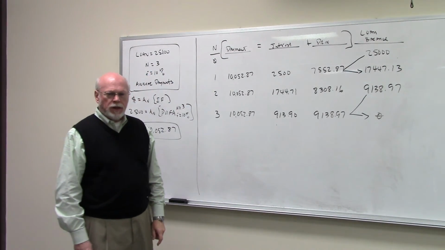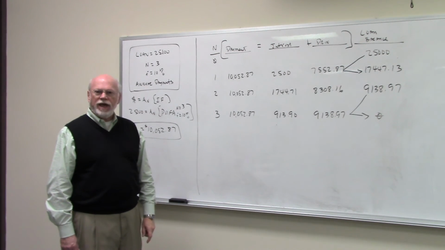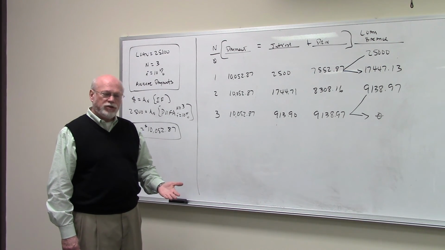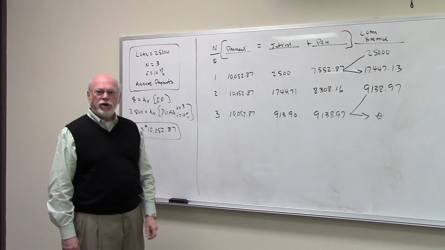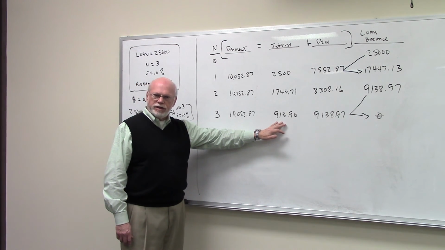We start the last year owing the bank $9,138.97. We use that much of their money for a year before we make our last payment. They charge us 10% interest. 10% of $9,138.97 is $913.90.